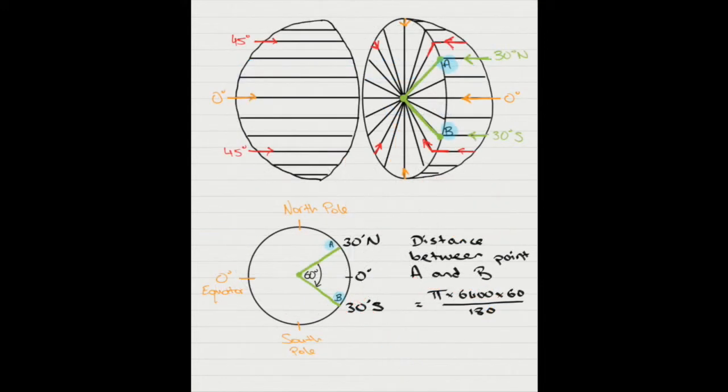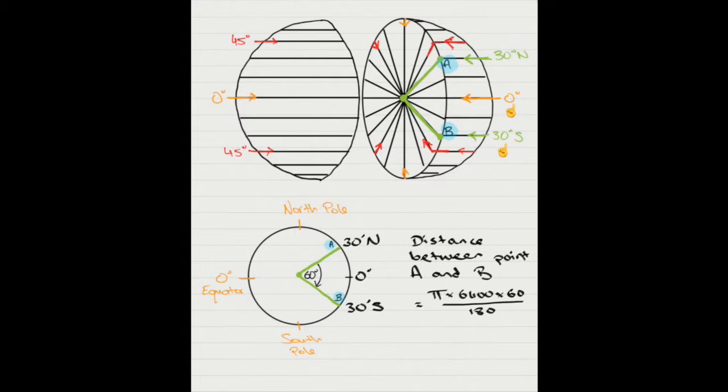We have 2 points drawn on our diagram, point A and point B. We're not given the coordinates, but we're told how far north or south these 2 points are. Point A is 30 degrees north, meaning it's 30 degrees away from the equator. Point B is 30 degrees south, meaning it's 30 degrees away from the equator again.